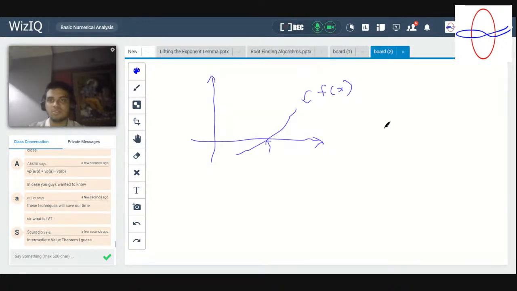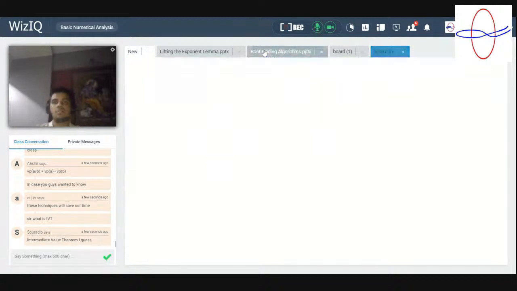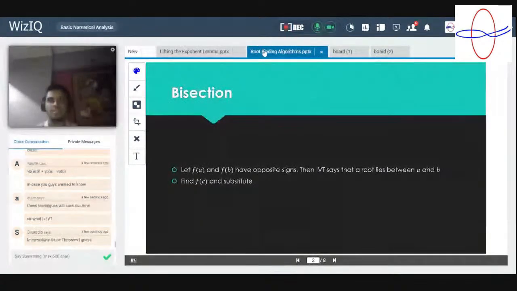So to find roots, you'll just take f of x, for example, as x square minus 2, and you'll find the value of x where it touches 0. So the first example of such an algorithm is bisection, which uses, as already mentioned, the intermediate value theorem.